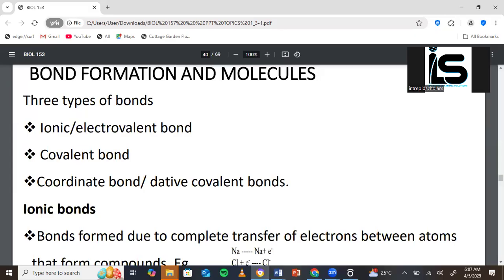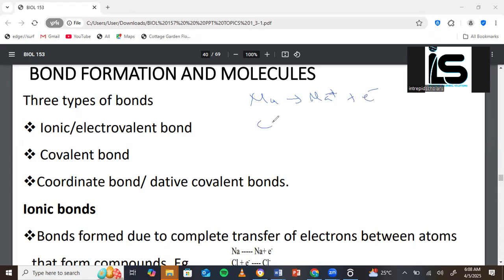Now, let's talk about how bonds are formed. The type of bond we are talking about is interatomic bonds. The first type that we have here is the ionic bond. If we have a metal like sodium, the sodium would lose the electron completely to form a sodium ion plus the electron.